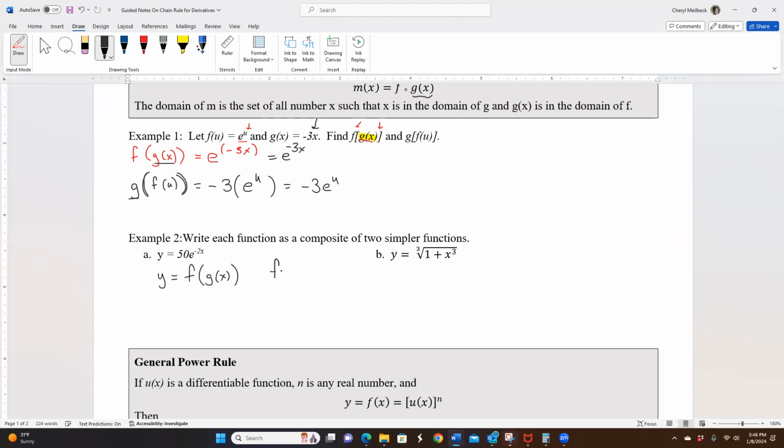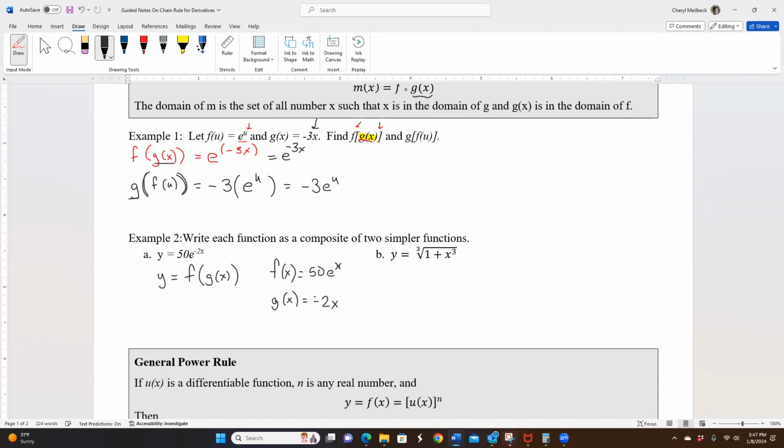So f of x would be 50e to the x. Now inside, I would substitute for x the negative 2x. So that's my g of x function.